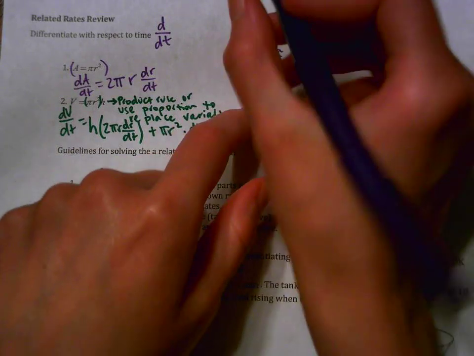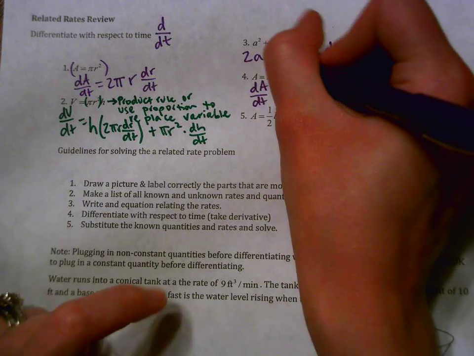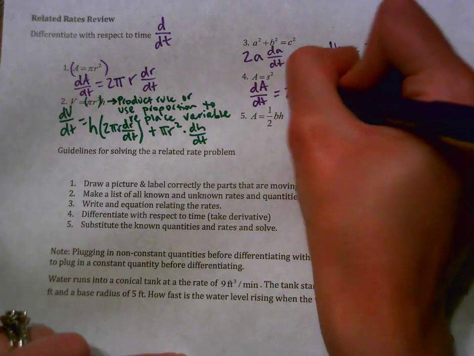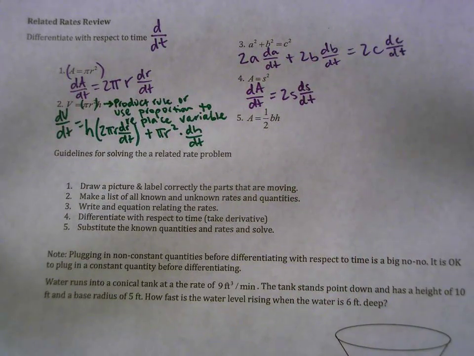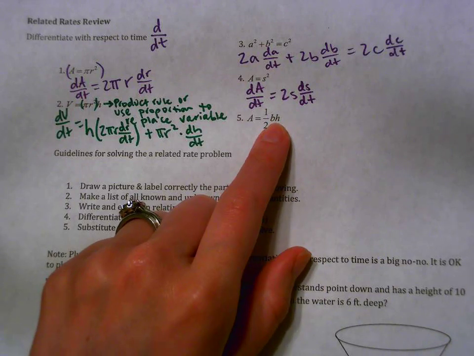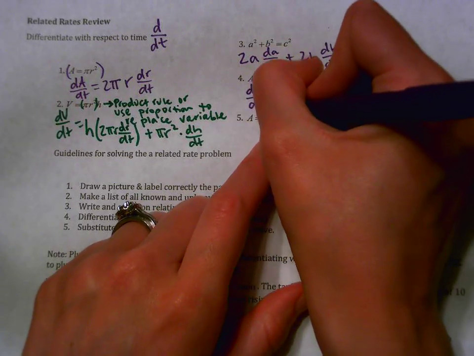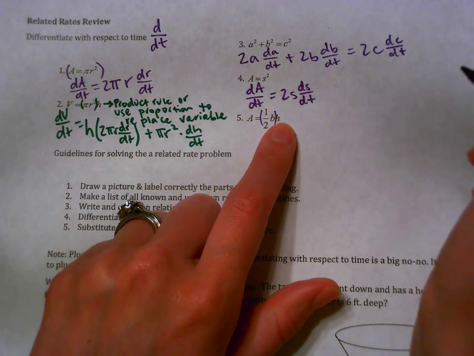So this one, the derivative of A would be dA dt. The derivative of s squared would be 2s ds dt. And on this last one, if you look, we're multiplying 2 variables, so we would need product rule again. So I would make 1/2 b your first, and then your h your second.